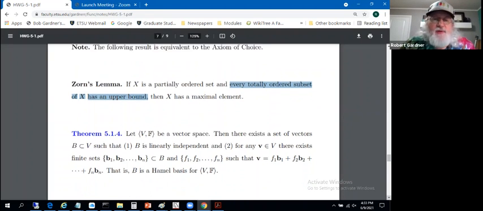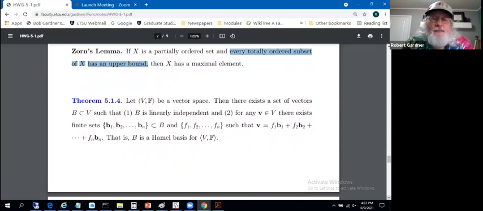So the formal definition or statement of the existence of a Hamel basis is as follows.